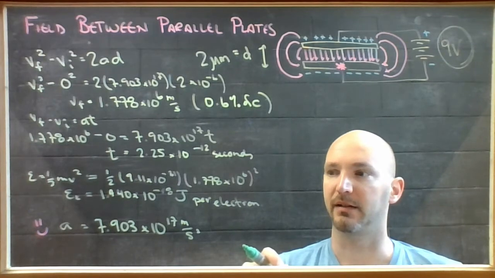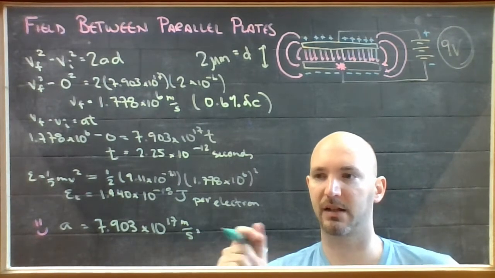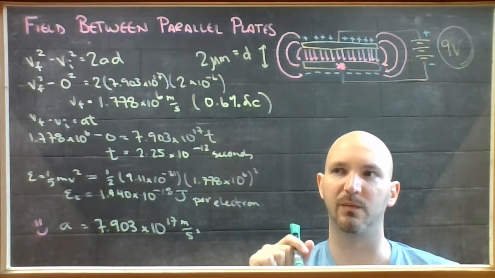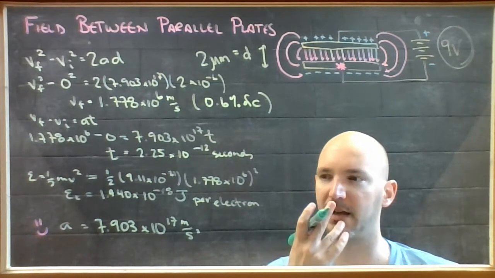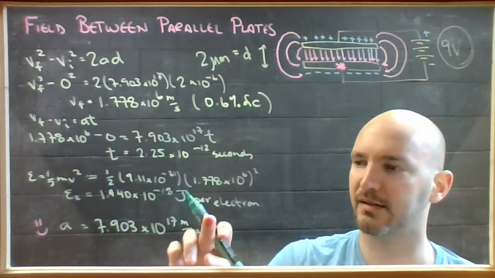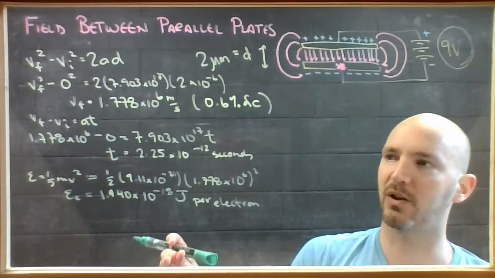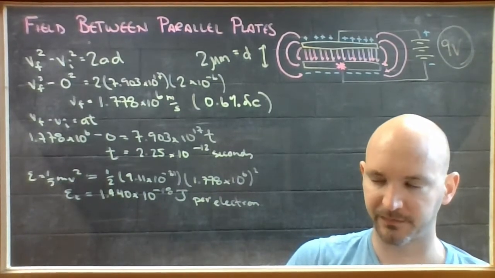All right, good. Now, I had up here that newtons was a coulomb volt divided by a meter. So I'm going to hold this number here for a minute. We're just going to follow through with some algebra.